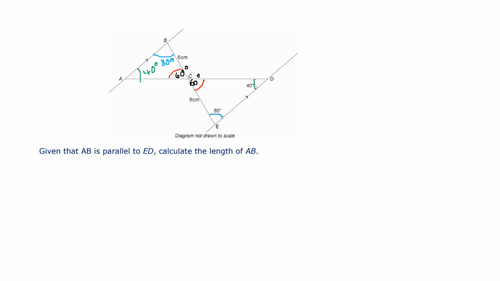And now we can find the length of AB. So we can use the sine rule. So we're going to do a over sine A. So let's take 6 to be a, and the angle that's opposite it is 40 degrees. So 6 over sine 40. And then we want to find AB, and the angle that's opposite that is sine 60.